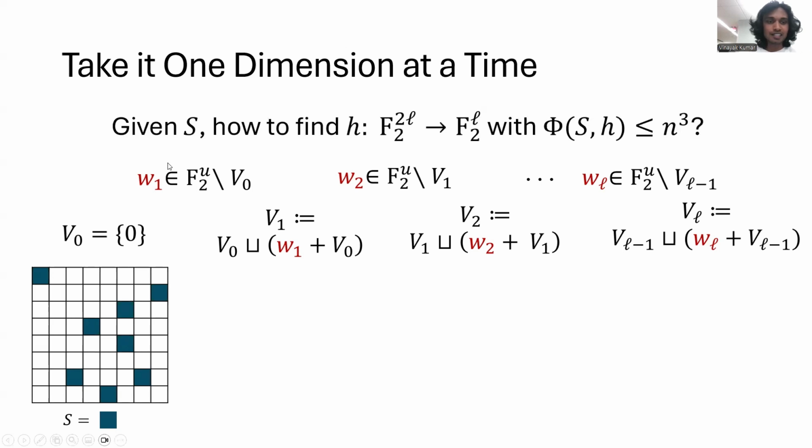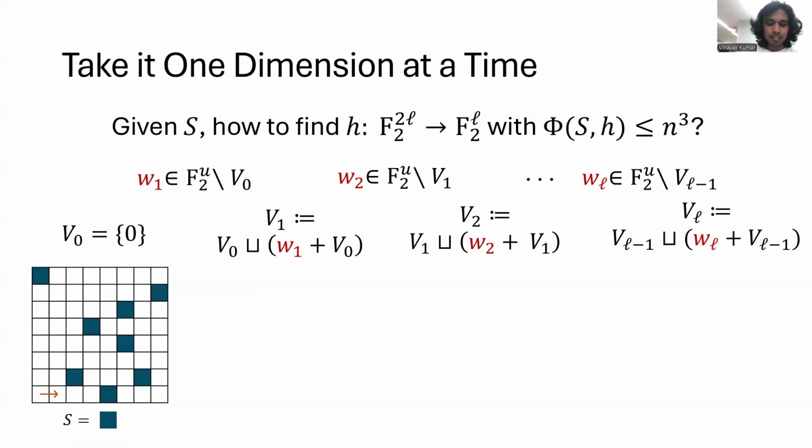Now, what happens if we span V0 with W1? So let's say W1 is this following brown vector. So V0 is now going to be the disjoint union of this bottom left cell along with the cell to the right of it. And so it'll be this rectangle.